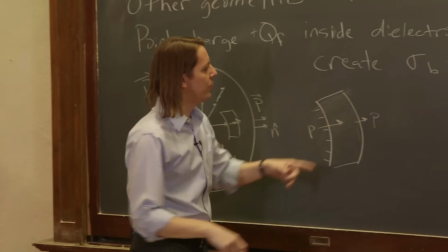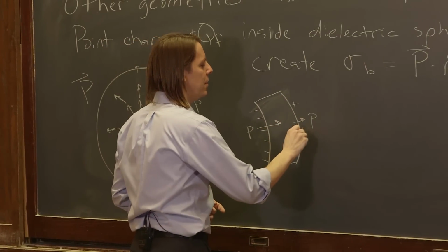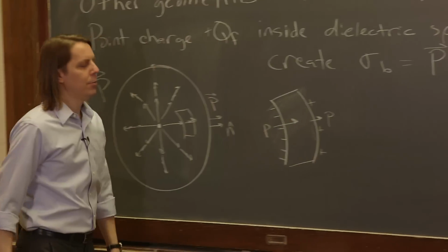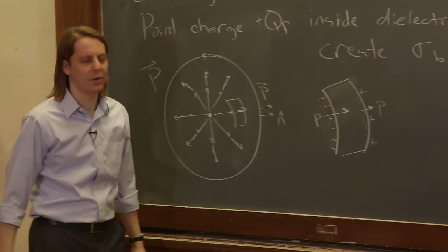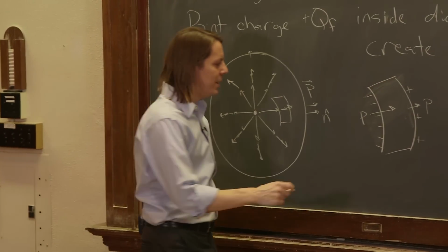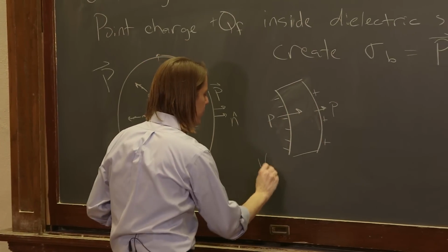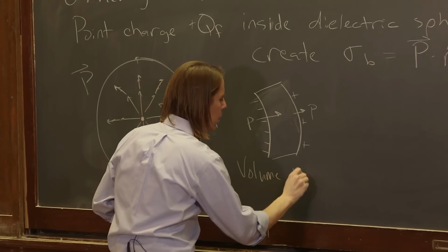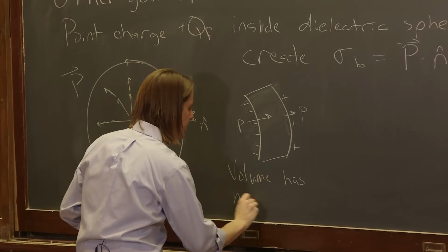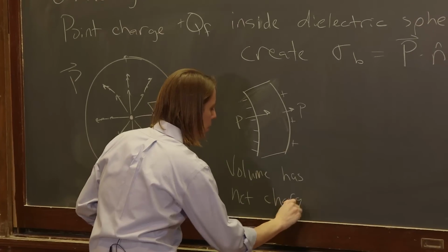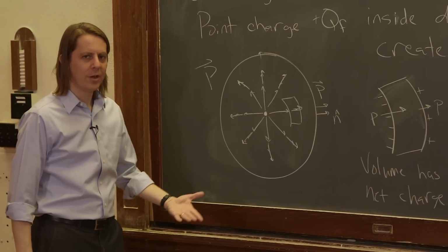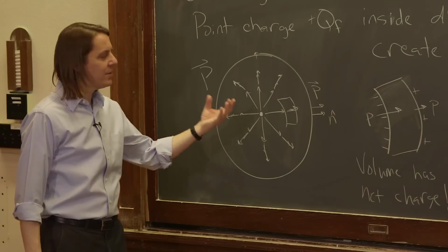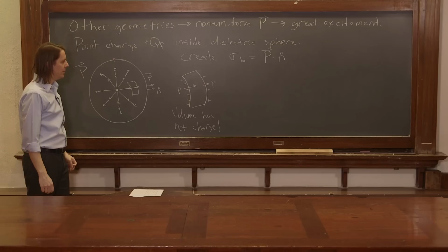But out here, where it's weaker, maybe there's only 3 positives, right? Because the polarization is smaller and it's the same surface area if I drew it right. So the volume has a net charge. Okay? It's a neutral material, it's just a neutral dielectric, but net charge is being created within the volume.